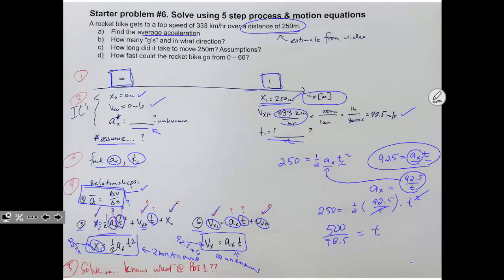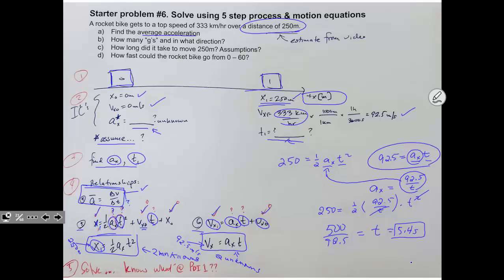Divide that by our 5.4 seconds. That's meters per second per second. So I've got 92.5 divided by my 5.405, I'll use some of my digits here so I don't lose any of my accuracy. So I end up with my acceleration is 17.1 meters per second squared. Okay.